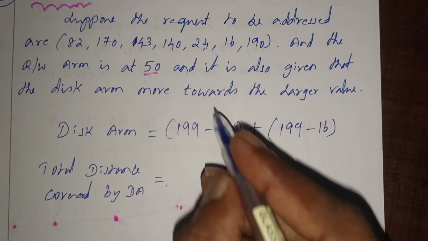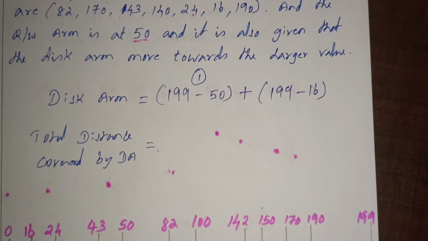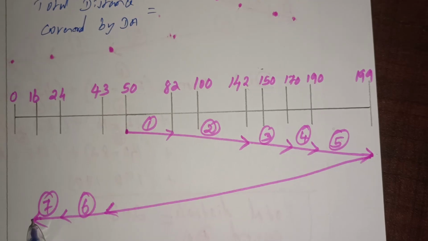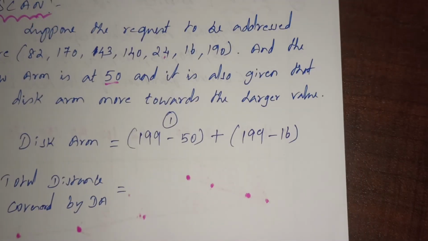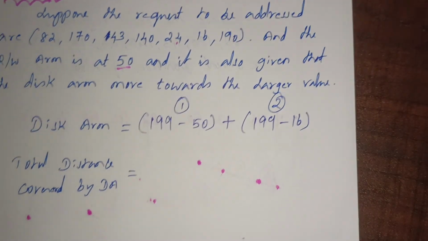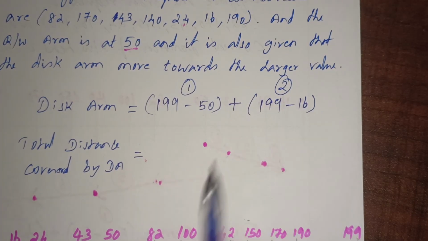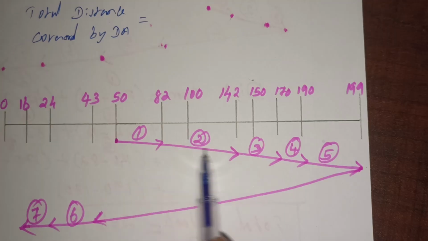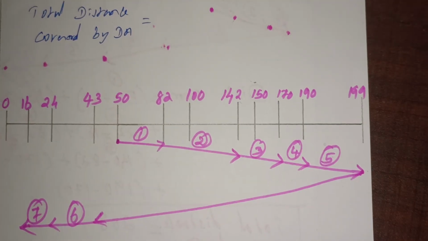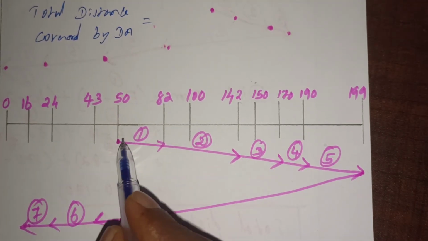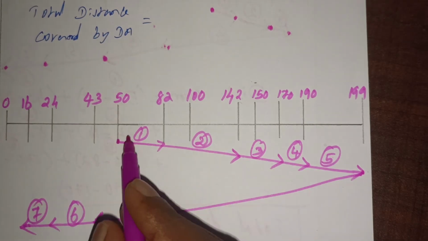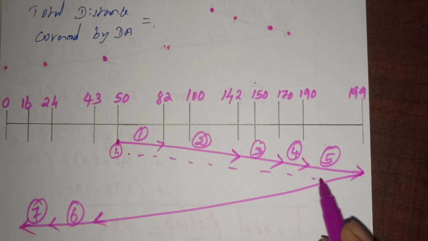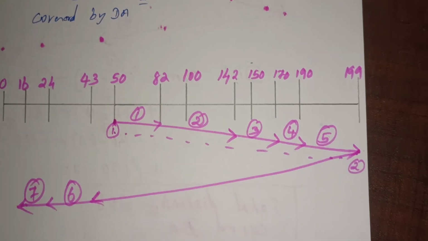Here it is, this is number 1. And it starts again at 199 and ends exactly at this position, 16. That is number 2. So why only these two head positions here? Here I have mentioned all the positions of the head which are served, not stopped. That is the point. The head starts at the first point, moves and stops at the position here.